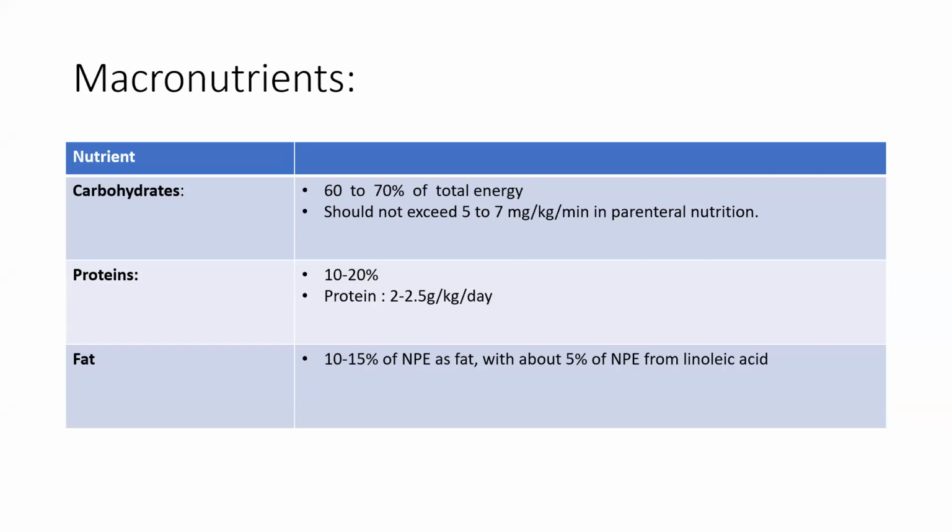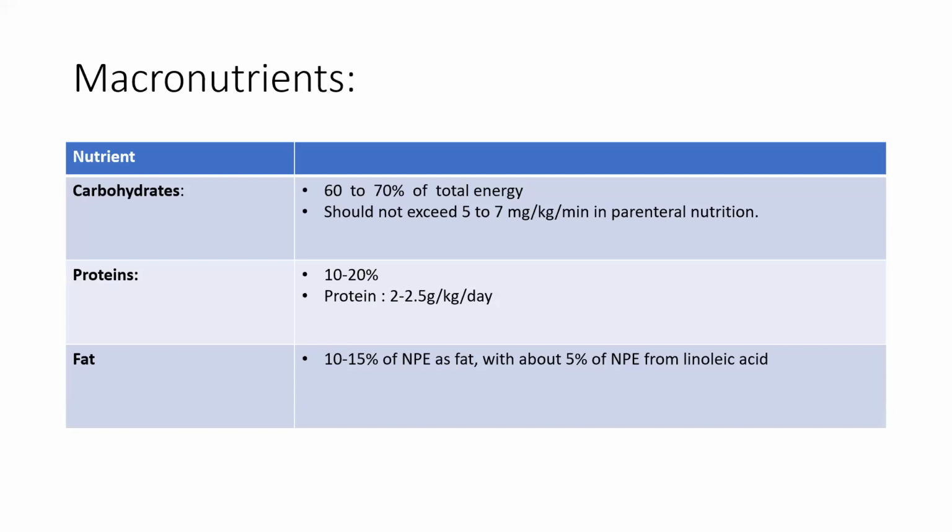When it comes to protein, protein should make about 10 to 20% of total calories. And you find that most of these protein requirements are increased because of the losses and also because of the muscle catabolism that is happening. So you'll need to increase the amount of protein the patient is taking.